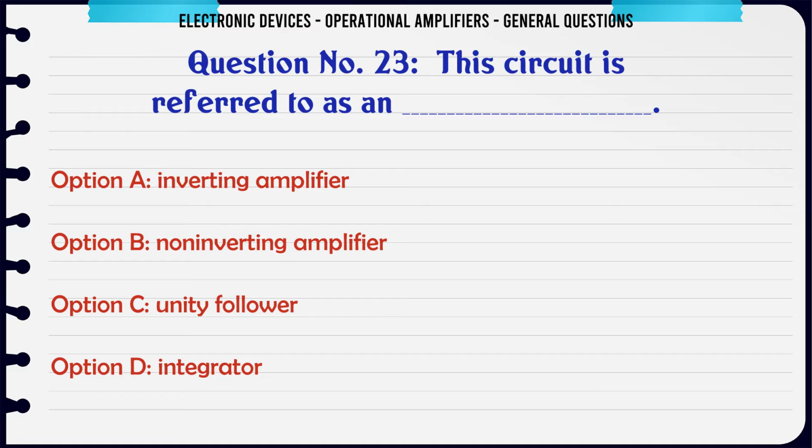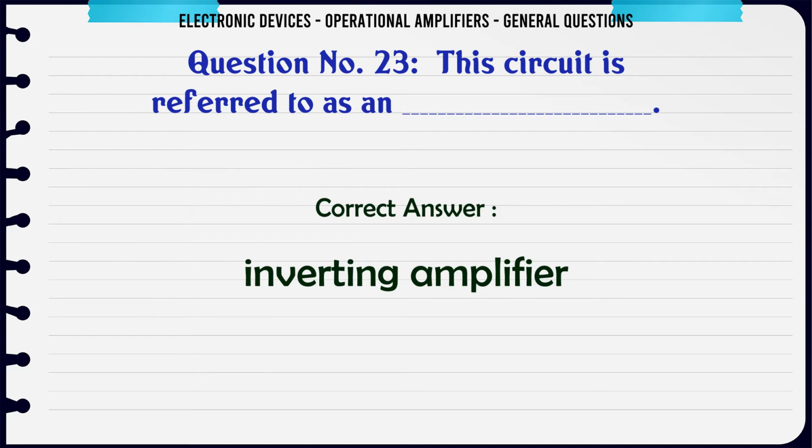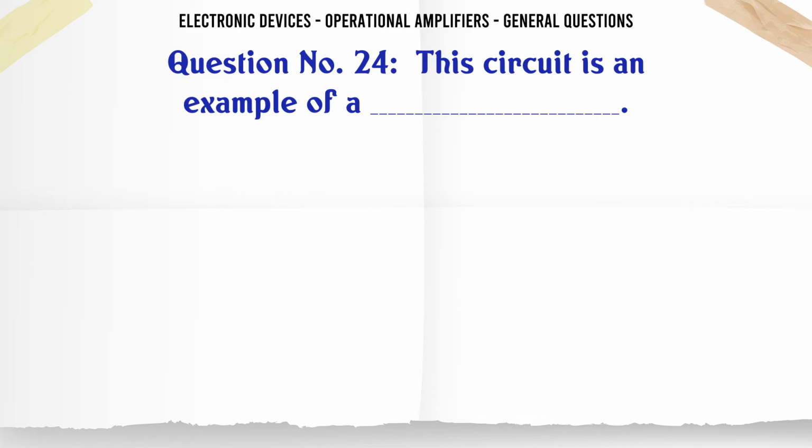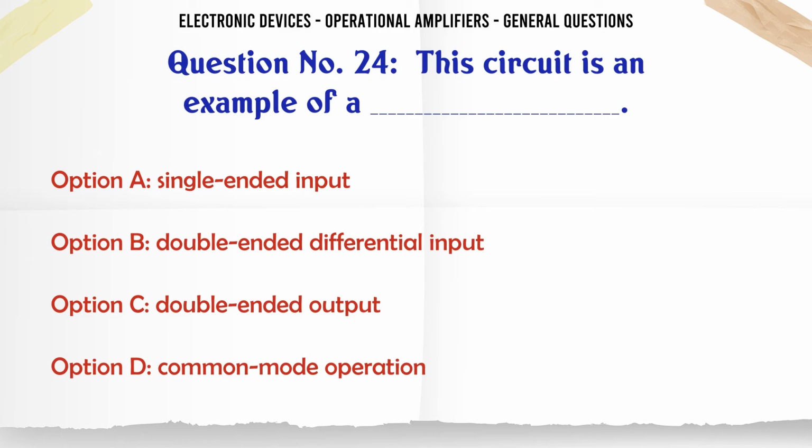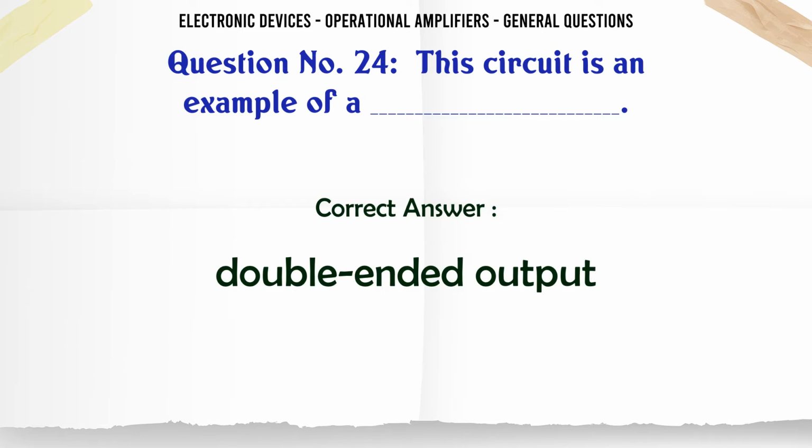B. Non-inverting amplifier. C. Unity follower. D. Integrator. The correct answer is inverting amplifier. This circuit is an example of: A. Single-ended input. B. Double-ended differential input. C. Double-ended output. D. Common mode operation. The correct answer is double-ended output.